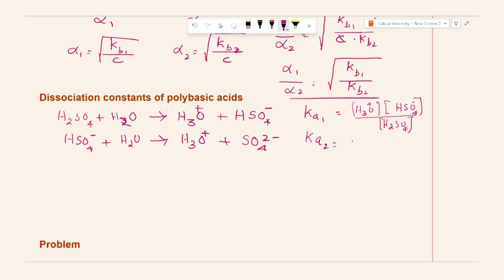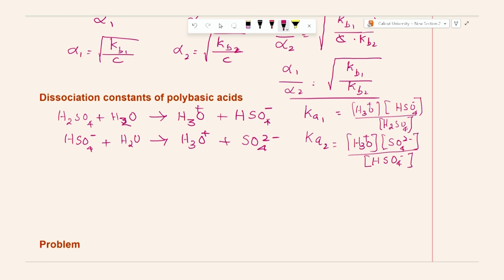For Ka2, again we have the H3O plus ion same, but here this ion is different. This is the sulphate ion, whole divided by concentration of HSO4 minus.